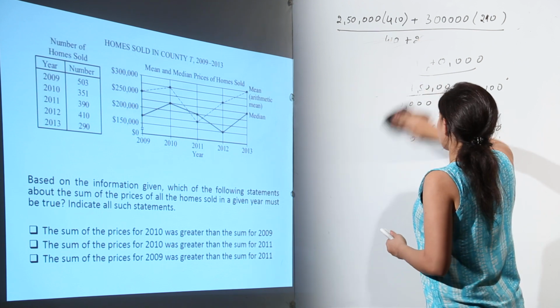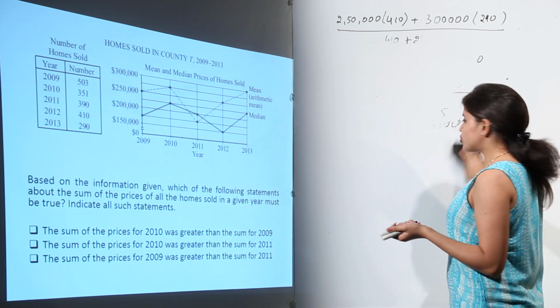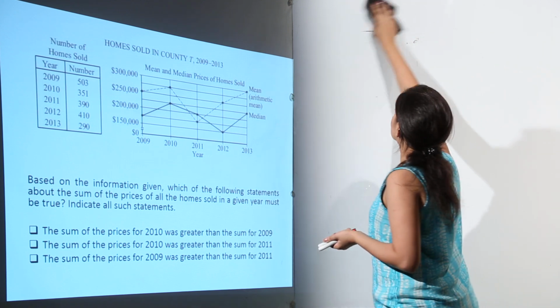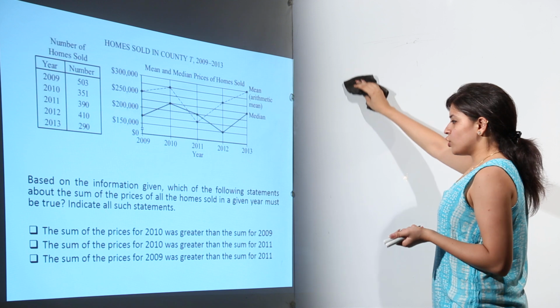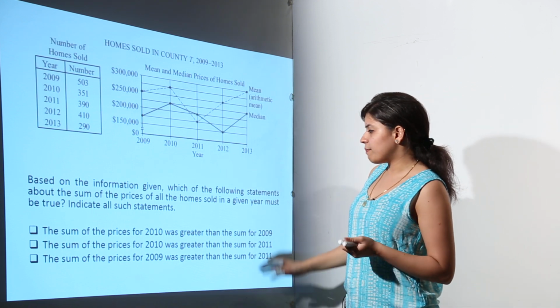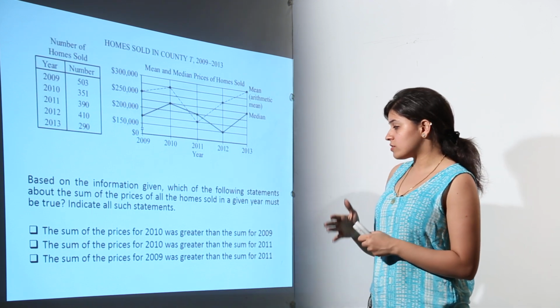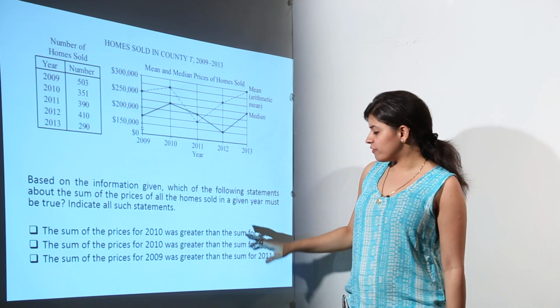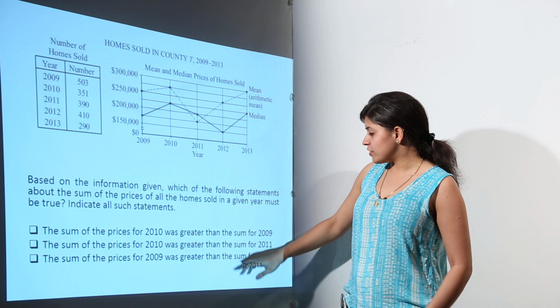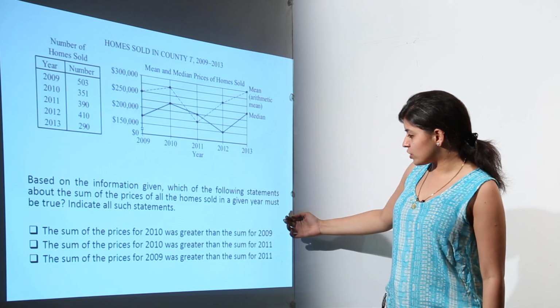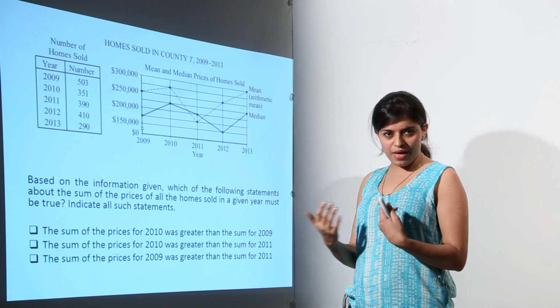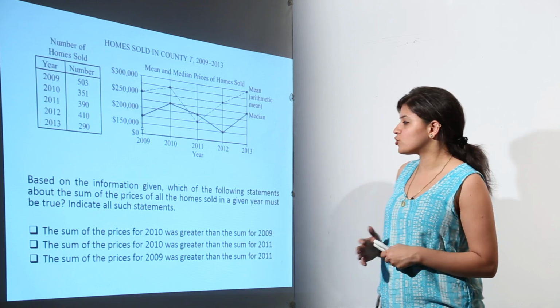Okay, so this is a question in which we have more than one option correct. So we have to compare the sum of prices for 2010, for 2009, and for 2011. Before proceeding, we will calculate the values in 2009, 2010 and 2011 so that we can compare all the possible options.